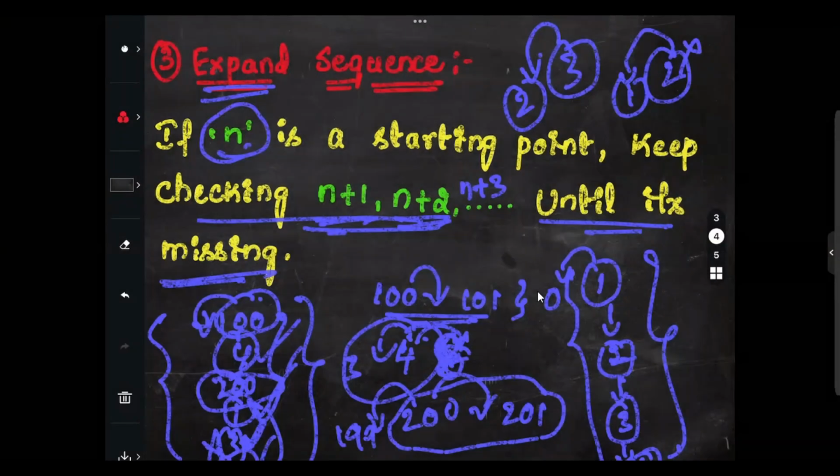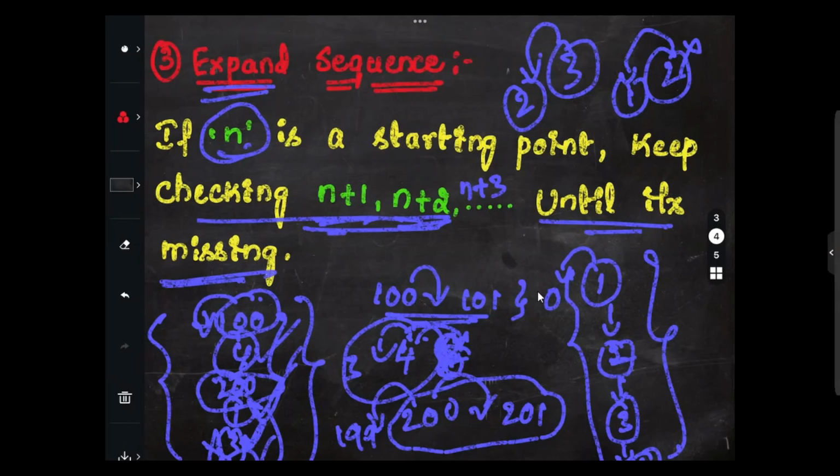So the longest sequence we got here is 1, 2, 3 and 4, right? Or else the longest sequence we got here is 100, only 1, 200, only 1.